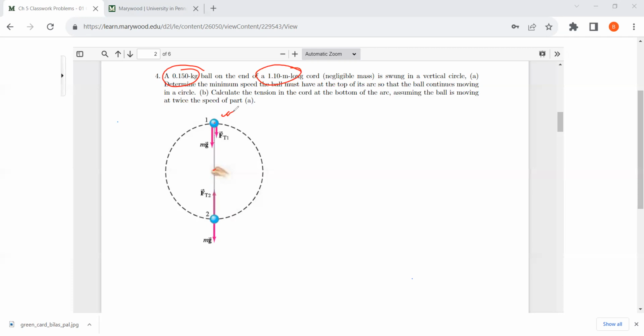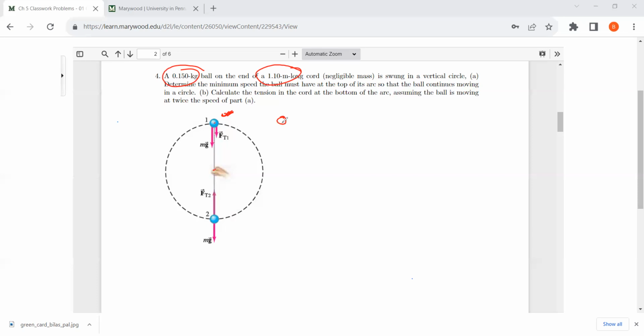Okay, so the easy way to solve this problem is to draw a free body diagram, but for this problem it's already here, so we don't need to do much. Okay, but we have to understand that when we have a ball traveling in a vertical circular path, what forces we have for this ball at position 1.